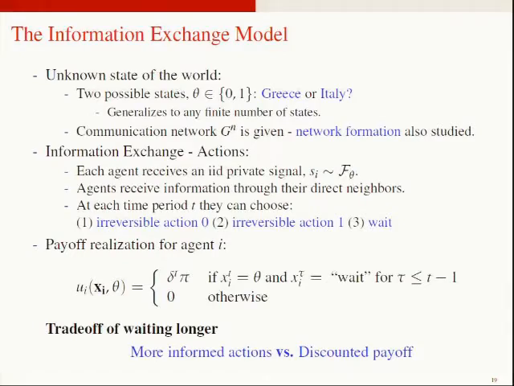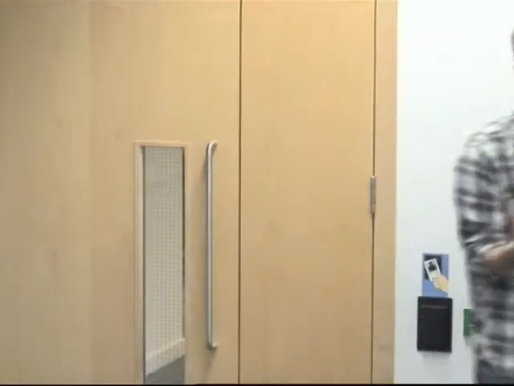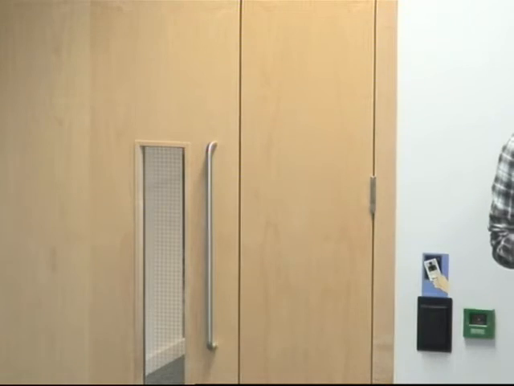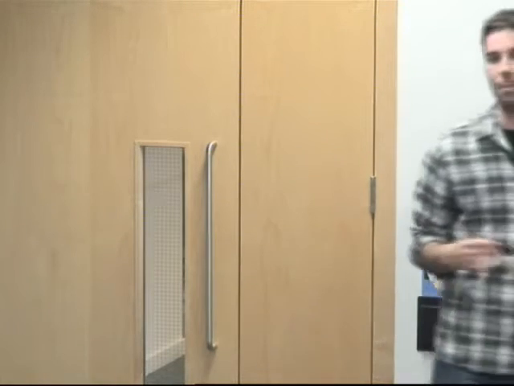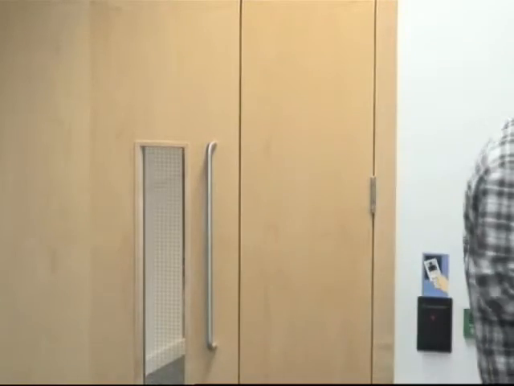So if the agent chooses the right state, he gets a payoff of pi, discounted by the number of time periods it took the agent to actually decide to take the correct action. So there is a clear trade-off between waiting and taking an action. The more you wait, the more information you get, and the better informed action you will take. However, payoffs are discounted, so you cannot wait forever. Okay?